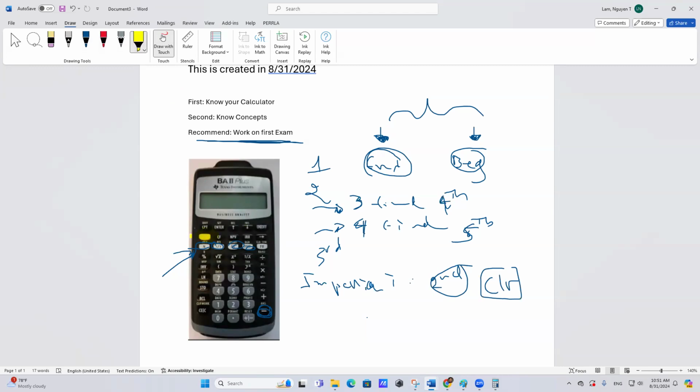So second is right here, and then the clear button is the FV. So after you finish every type of problem, just hit second FV, and then hit clear. That's something that I usually do. That's when you're ready for the next set of problems.